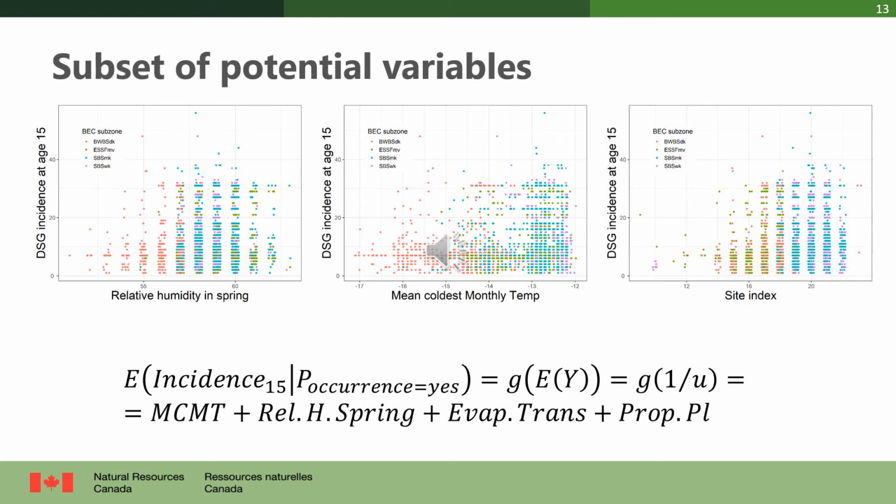In the end, the model that performed best on the Mackenzie TSA included the mean coldest monthly temperature, the relative humidity in spring, summer evapotranspiration, and the proportion of pine in the stand. And in general, these climatic variables tended to agree with previous studies that had looked at rust incidence in various areas of the province.